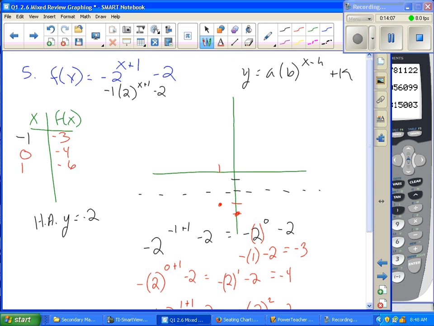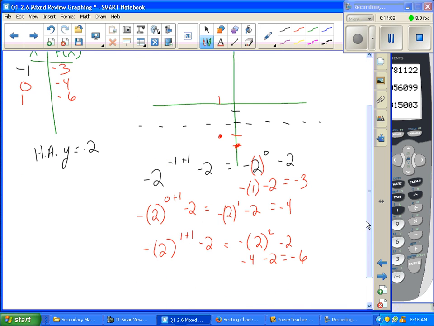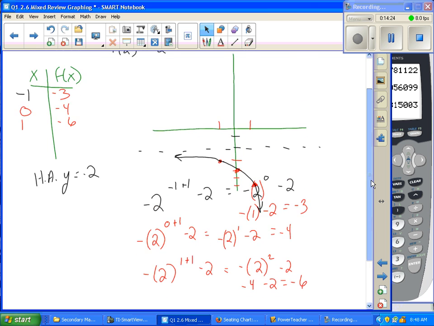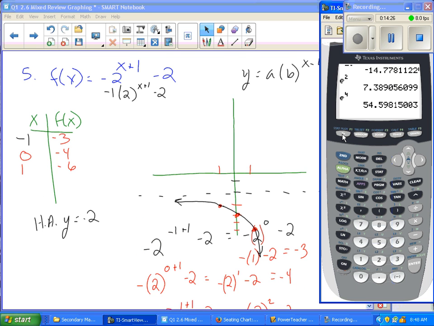So then 2, 4, 5, 6. So now I'm down here into my work, so I'm going to stop plugging in values. So then it's looking something like that.